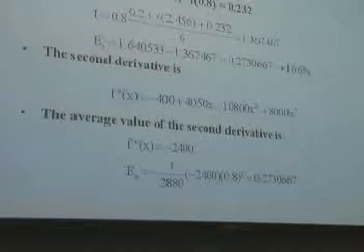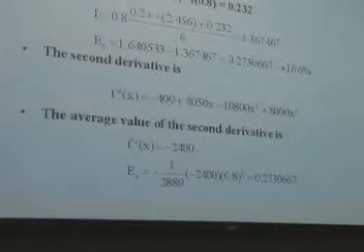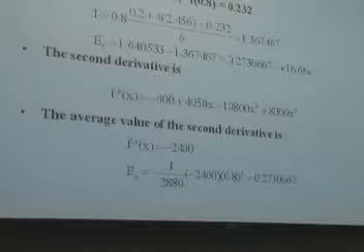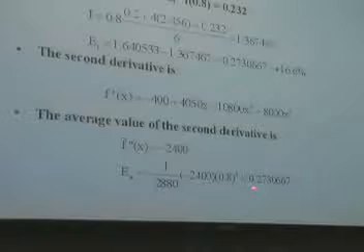Remember the trapezoidal rule for 2 segments was about 35. Simpson's rule gave us about 16. Here's the second derivative, average value, and so on. So you see, for the same amount of work, you can get a much improved accuracy.